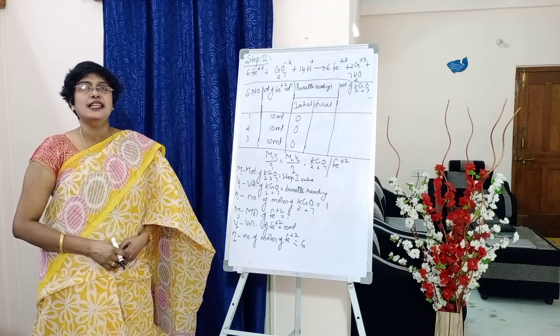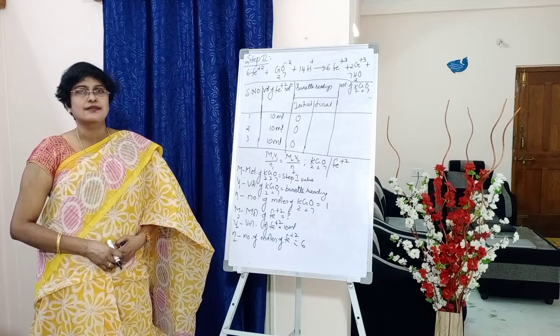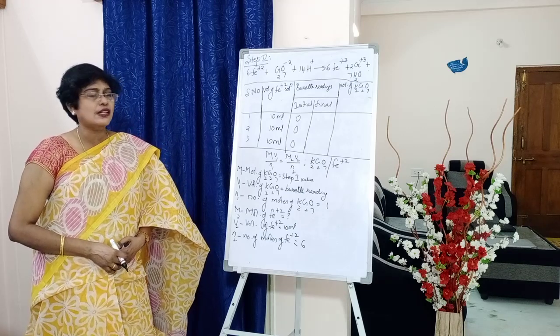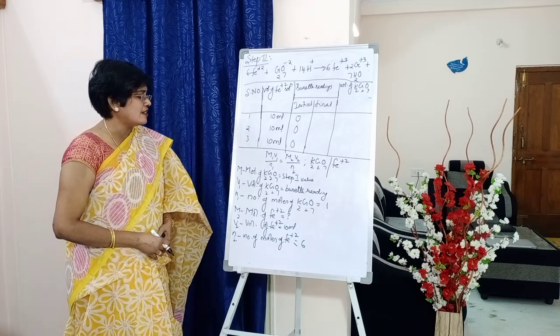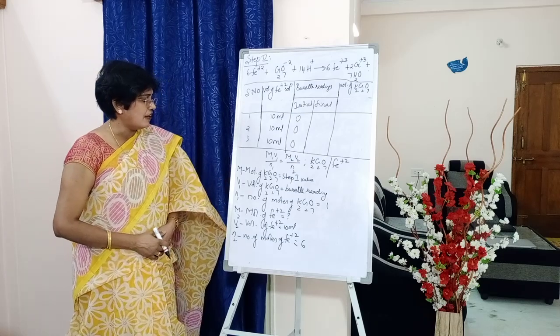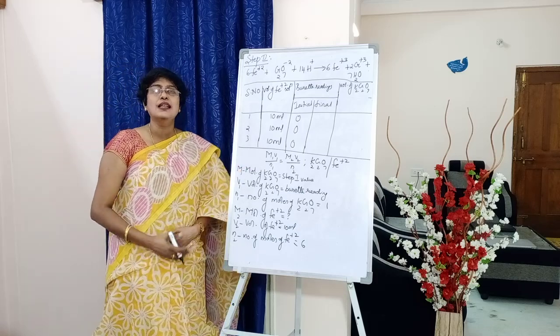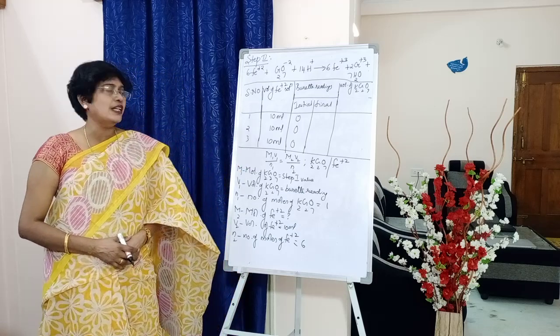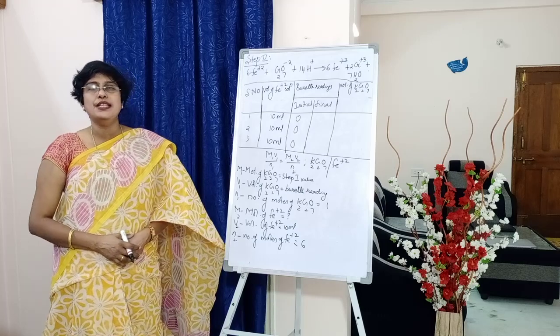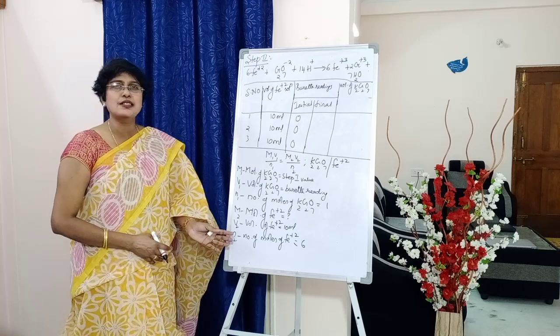From the reaction, it is equal to 6. Okay. So what is to be calculated, students? Using this set of values, M2 can be calculated using the formula M1V1 by N1 equals M2V2 by N2. Have you completed, students?